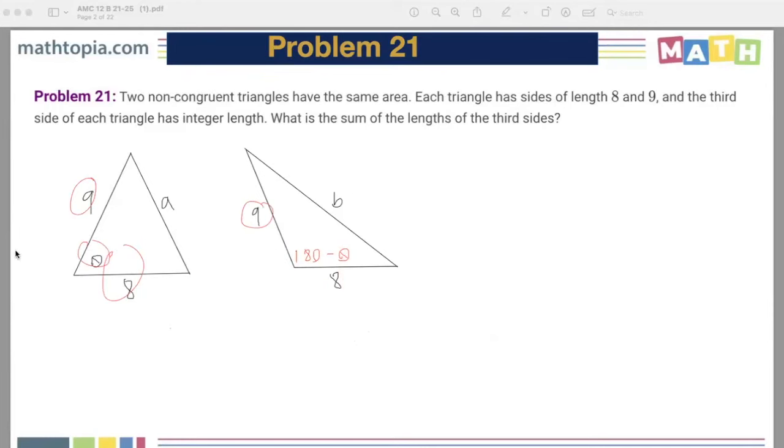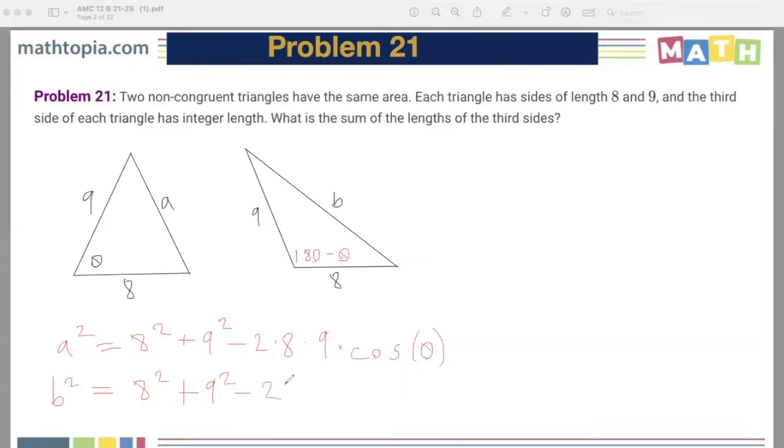So if we do the math, we have that a squared is equal to 8 squared plus 9 squared minus 2 times 8 times 9 times the cosine of theta. And b squared is equal to 8 squared plus 9 squared minus 2 times 8 times 9 times the cosine of 180 minus theta.